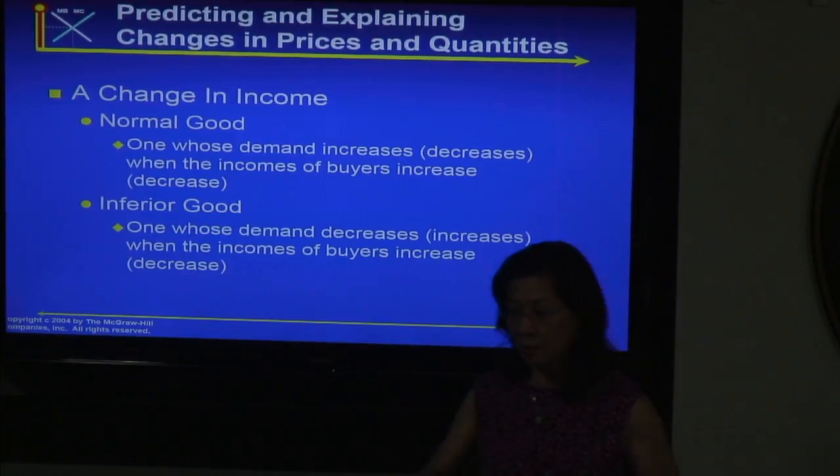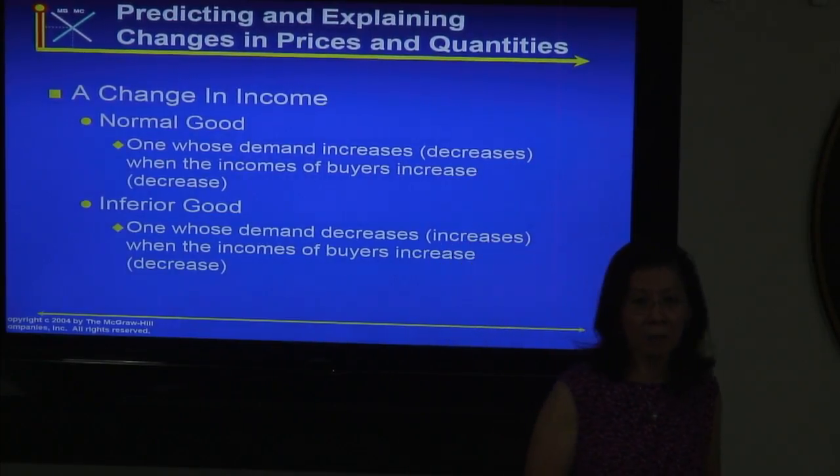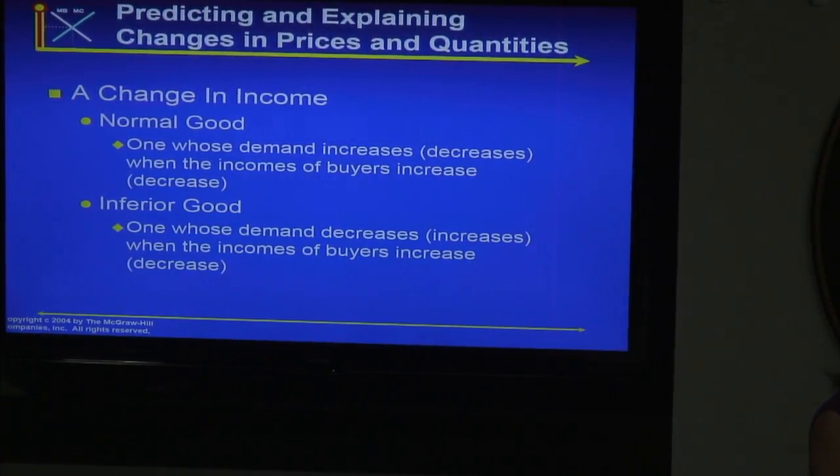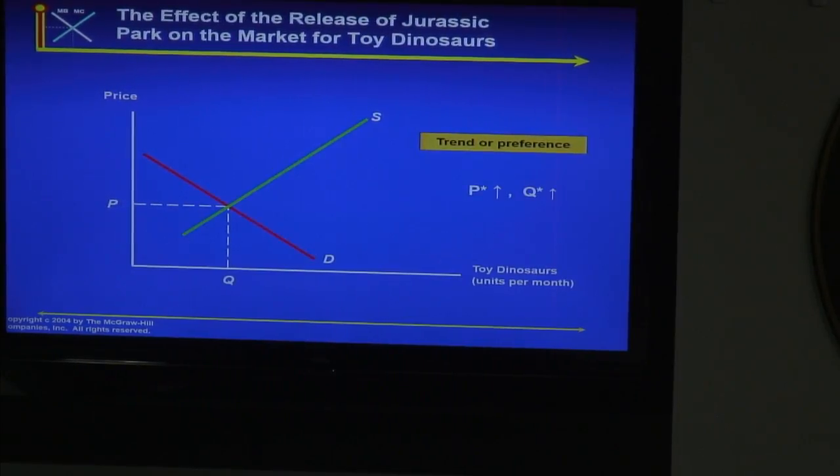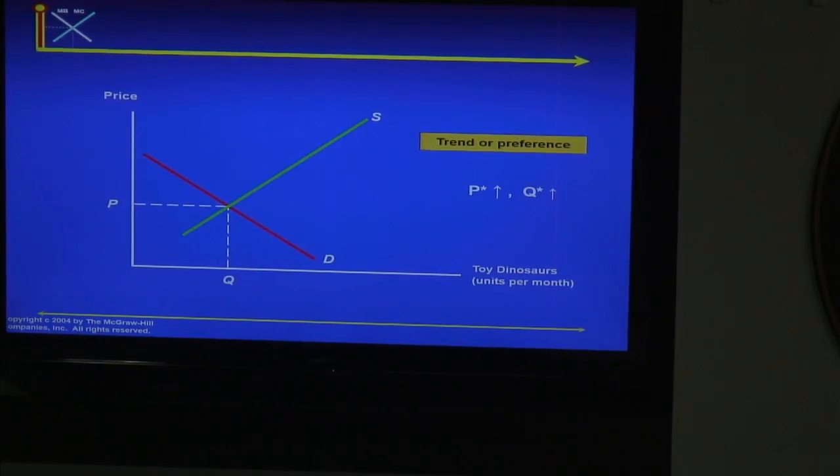Start taking them off the shelf, box them up, take them to Goodwill or Salvation Army, or give them away. Start eating better. Go to Ruby Tuesday. I know it's not the best in the world, but it's better than ramen. So that would be the case if it is a normal good: the demand for that particular good shifts to the right.